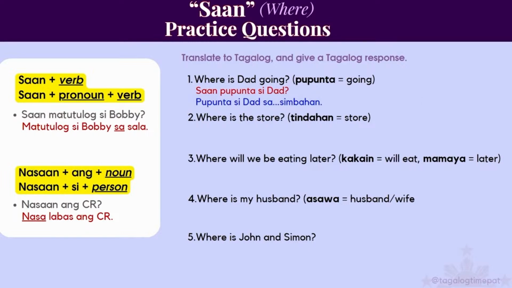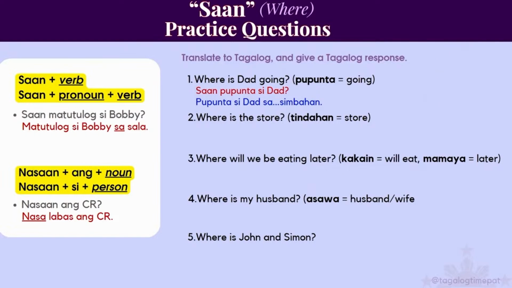Dad is going to church. Pupunta si dad sa simbahan. So you're taking the second part of this question and using it in your response. Okay, so try practicing that. And there's that preposition sa again, to the church. Okay? Pause the video now. You try the next 4 examples and we'll go over it together.